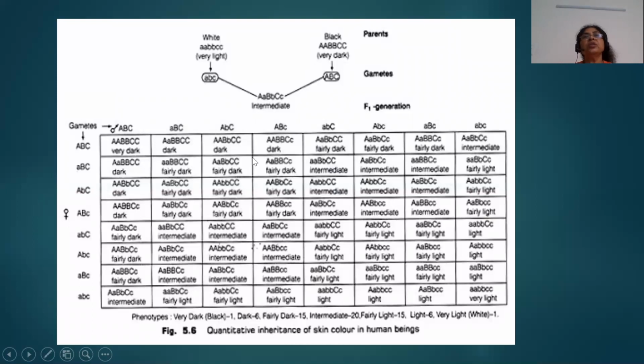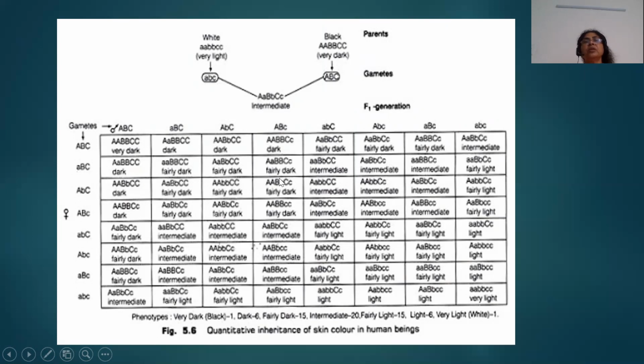So if you can see this cross, where a white person, that is very light, with genotype small a, small a, small b, small b, small c, small c, is crossed with a very dark black person, genotype capital A, capital A, capital B, capital B, and capital C, capital C. The person in the F1 generation will be intermediate with 3 capital and 3 small.